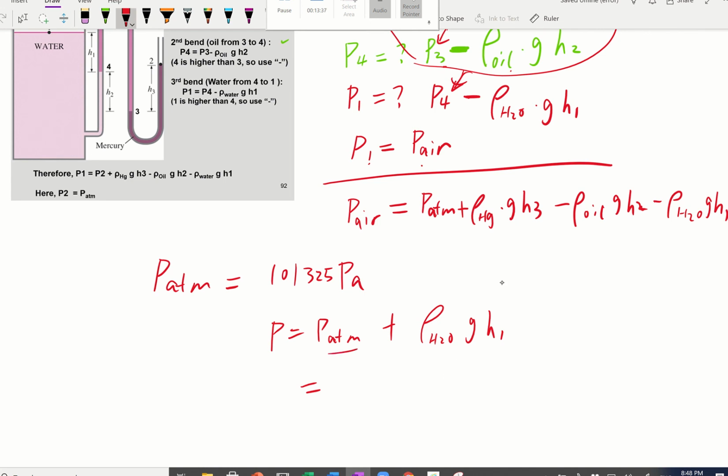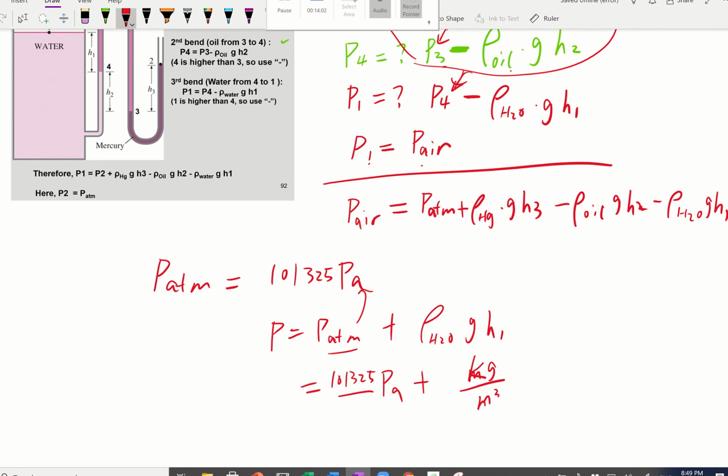Atmosphere pressure here is in Pascal, which is good, 101325 Pascal. Now, if we are using meter, mass is in kilogram per meter cubed.